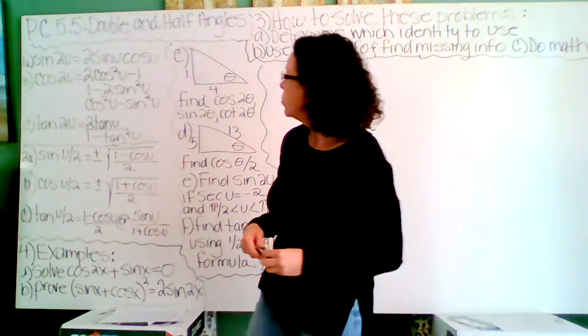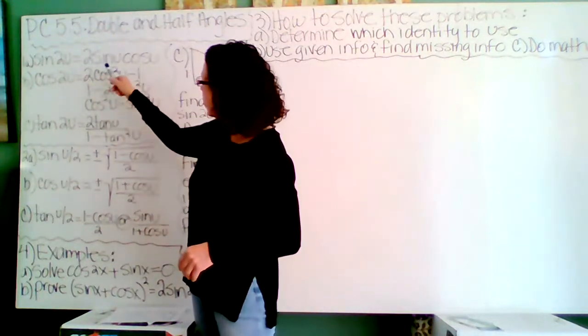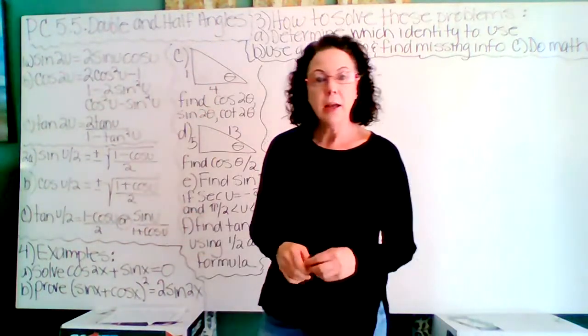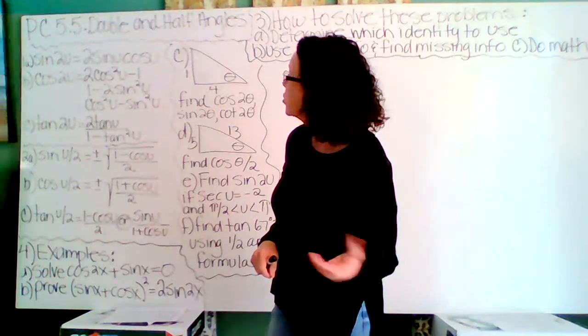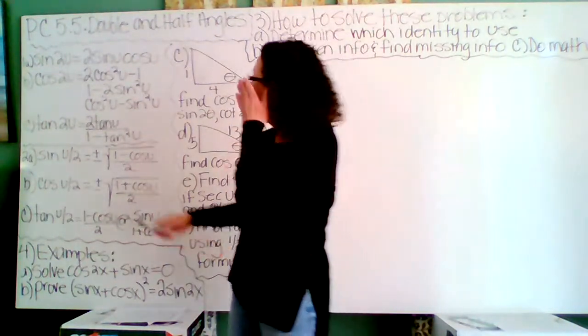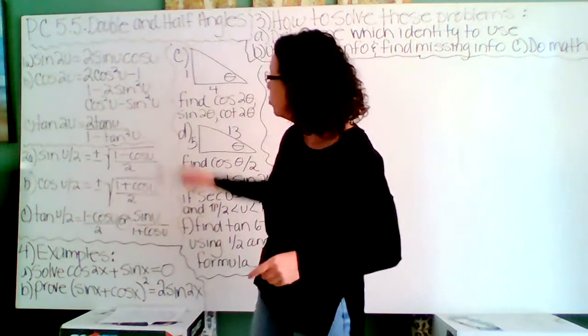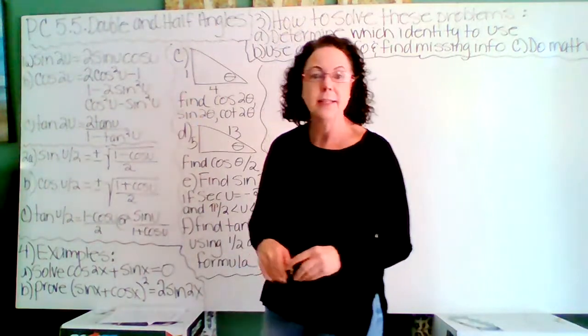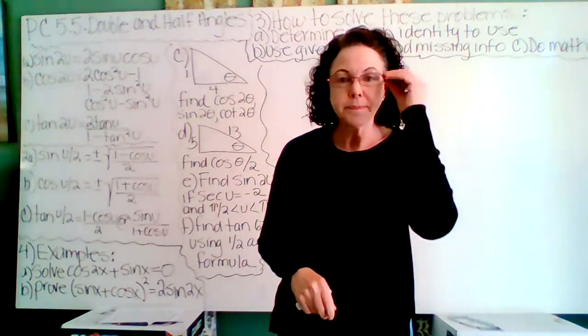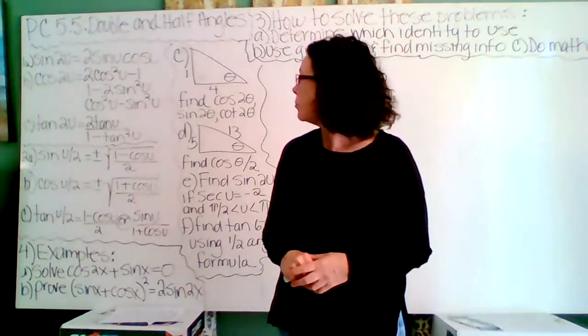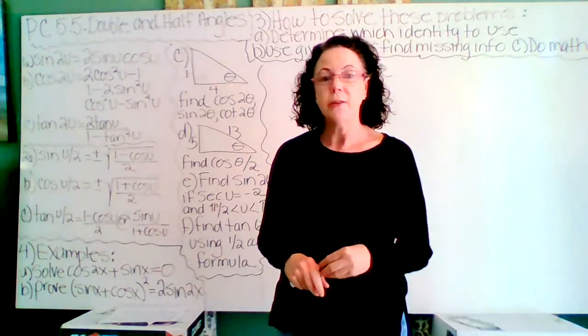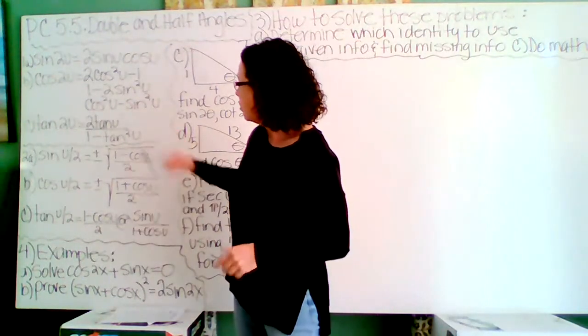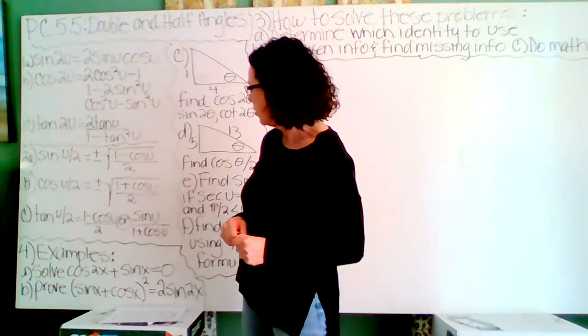So notice for sine of a double angle, we have one formula in terms of a single angle. For cosine of a double angle, we have 3 possibilities of formulas with single angles in them. And we have one for tangent of a double angle.